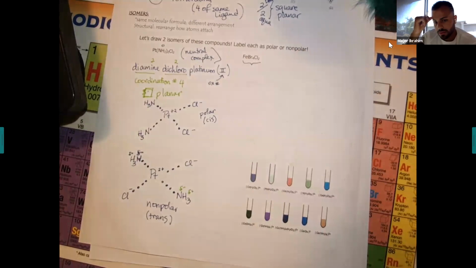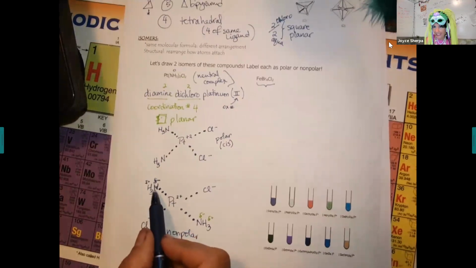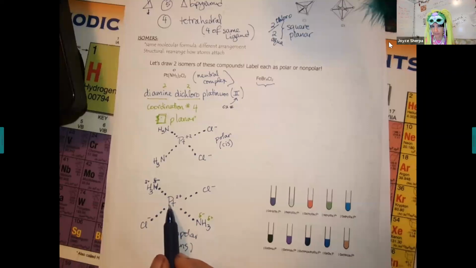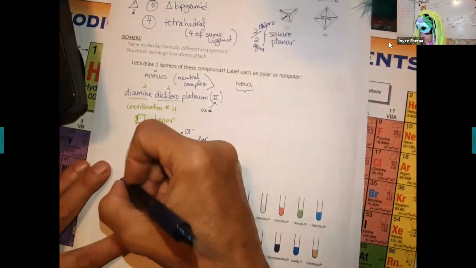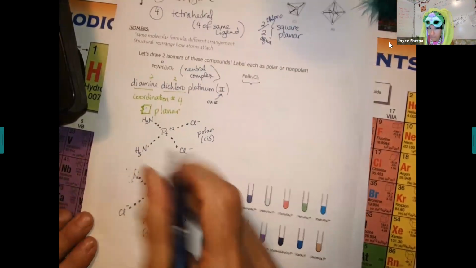Go ahead. Sorry. So why don't we write the NH3 backward on the second one again? We're trying to show that it's the nitrogen, not the hydrogens, that are attracted to the platinum. So if we really did this right, the way you're supposed to do it is you're supposed to draw the ammonia out.